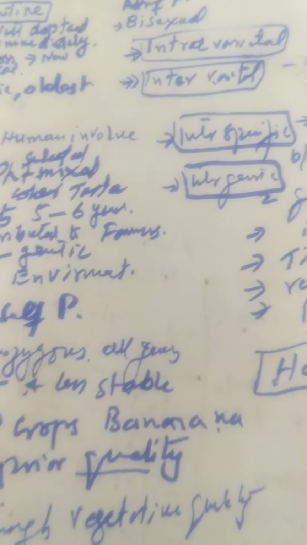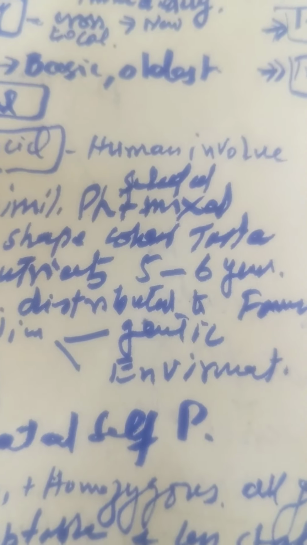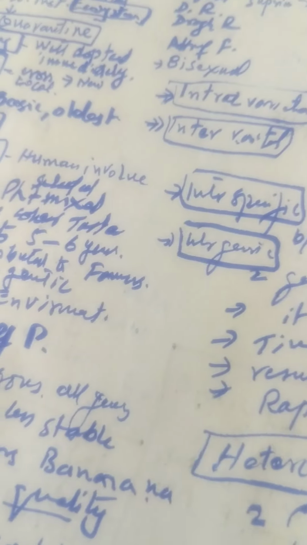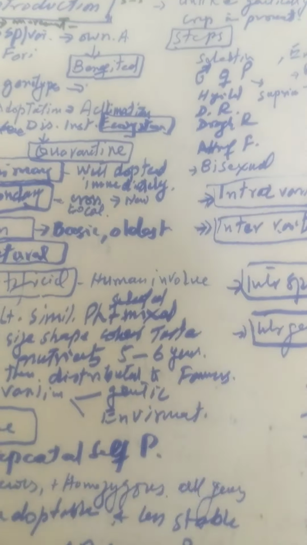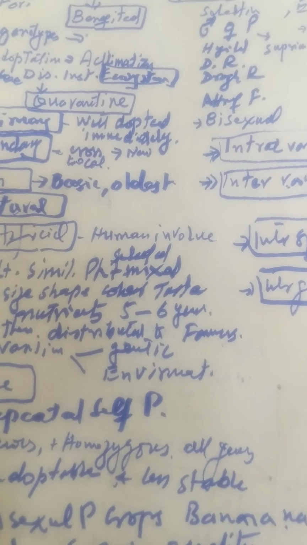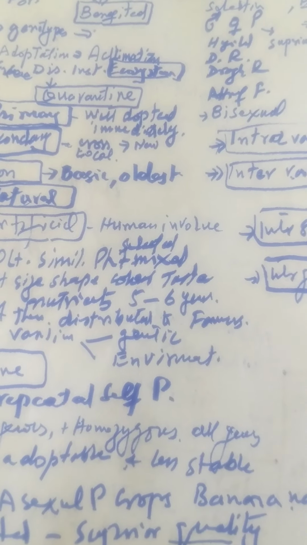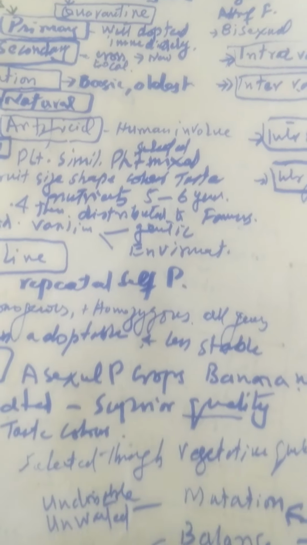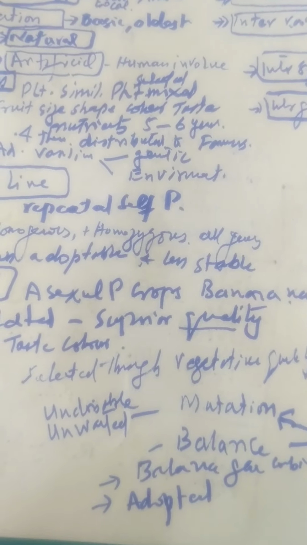Natural selection is made by nature, with no involvement of human beings. Artificial selection involves human beings. Now let us start the various methods of selection, like mass selection, pure line selection, and clonal selection.